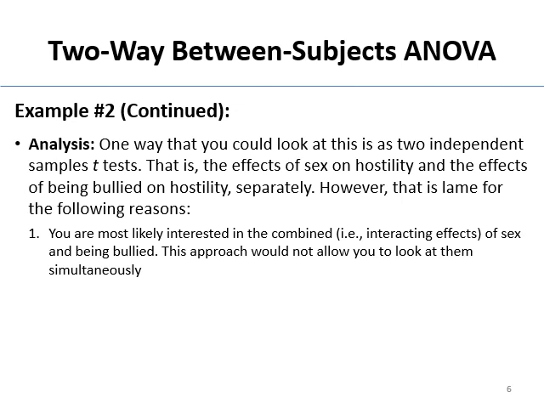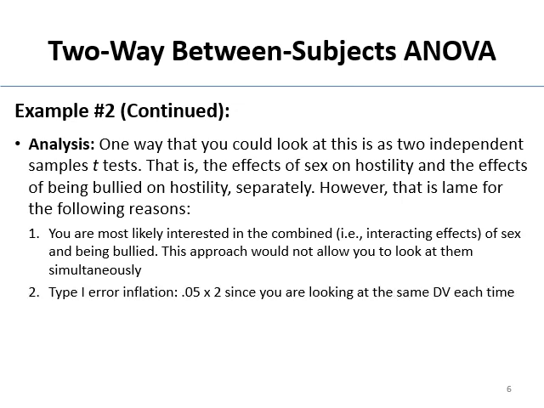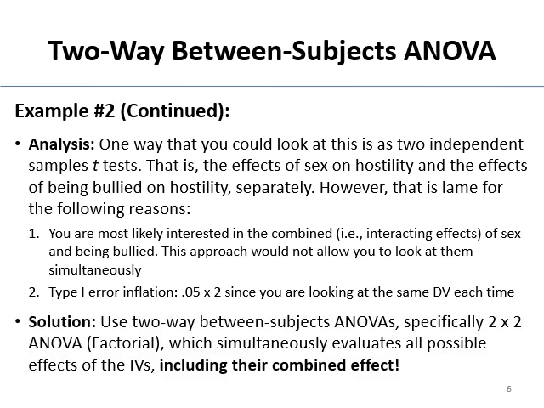A 2-way between subjects ANOVA allows you to look at the simultaneous effect of both independent variables at the same time, so it's cool. So then the usual one I always bring up is when you do a bunch of tests on the same DV, you end up with type 1 error inflation, right? You got that family-wise alpha level again that accumulates. So you want to use a 2-way between subjects ANOVA.